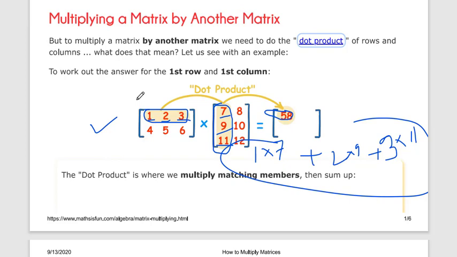Why? Because we have taken the first row and first column. If we take the second row and second column and multiply, where do we put it in the final answer? It goes in second row, second column of the answer matrix. So do not be confused about how to put this value in the final answer matrix element.